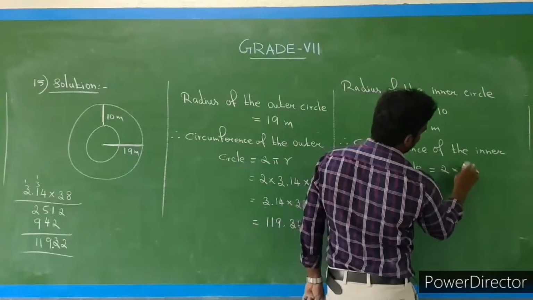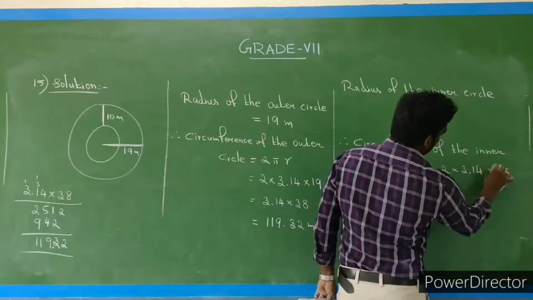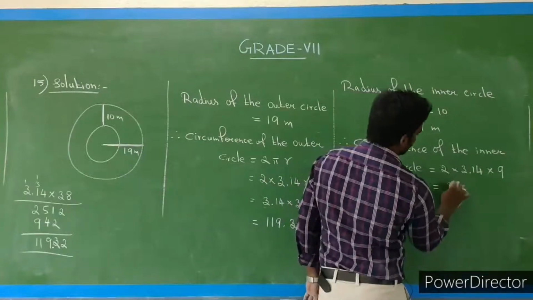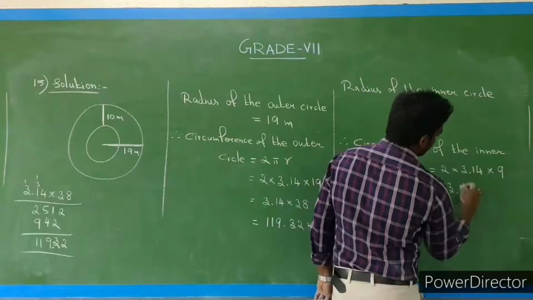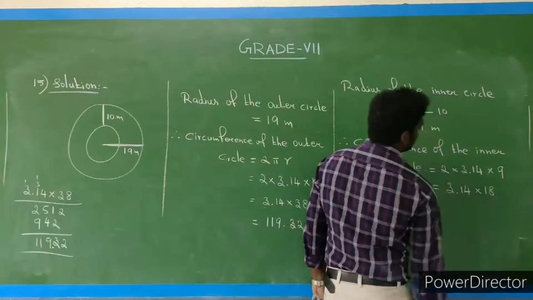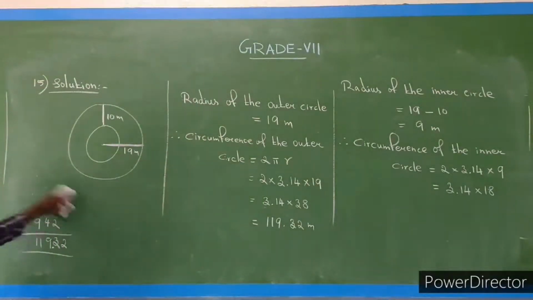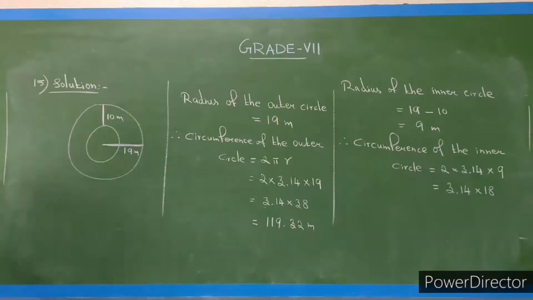So 2 into 3.14 into the radius 9, which is equal to 3.14 multiplied by 2 9s are 18. 3.14 into 18: 4 8s are 32, remaining 3. 1 8 is 8 plus 3, 11, remaining 1. 3 8s are 24 plus 1, 25.